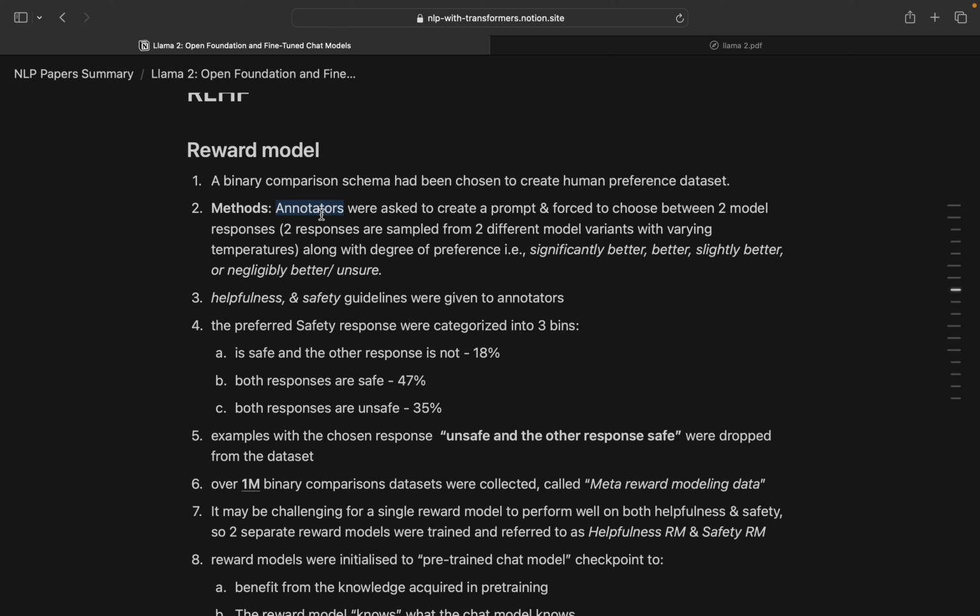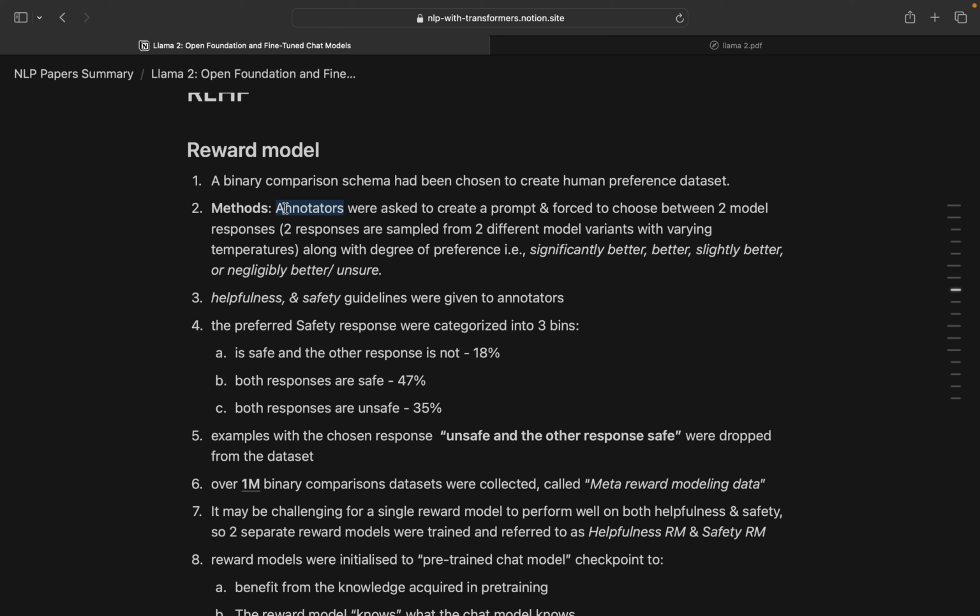If you look at the paper, they ran a lot of tests and interviews to hire annotators. They checked their English, how they write, their grammar, their understanding of the prompts, and whether they would be able to understand the guidelines they were given. They did a lot of things before hiring the people.